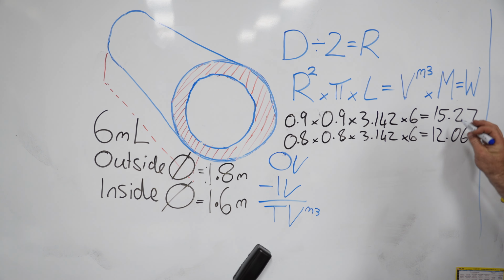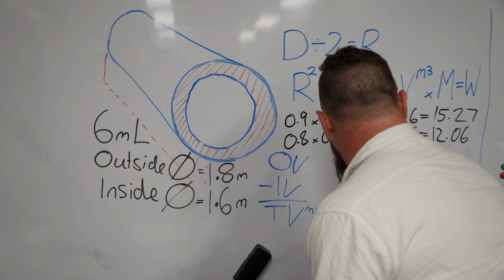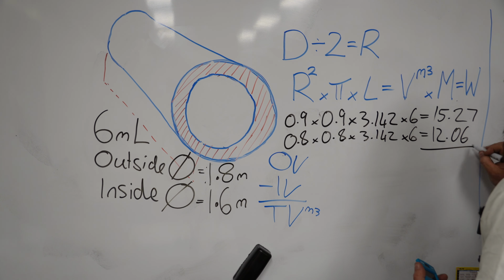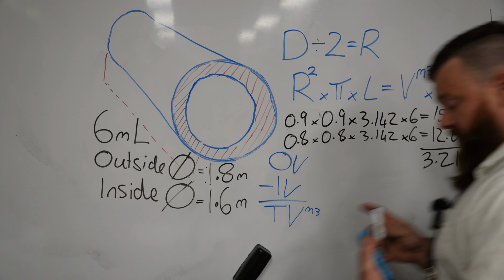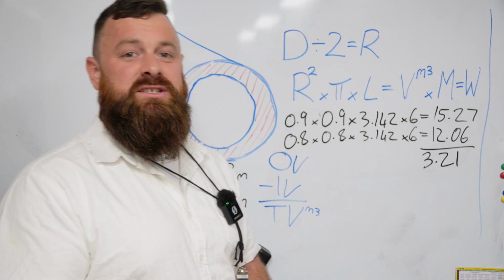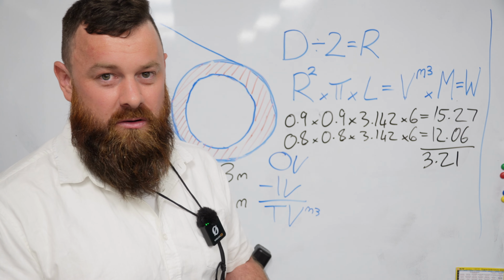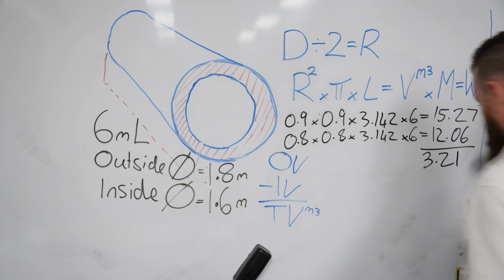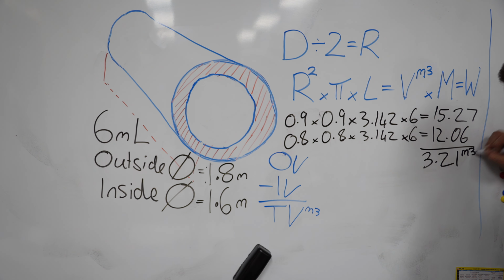So 15.27, subtract our 12.06, and we get a total volume of 3.21. Now you might be asking yourself, what is this number? What does this mean? Well, that is 3.21 cubic meters of concrete. This is our volume. So 3.21 M3.